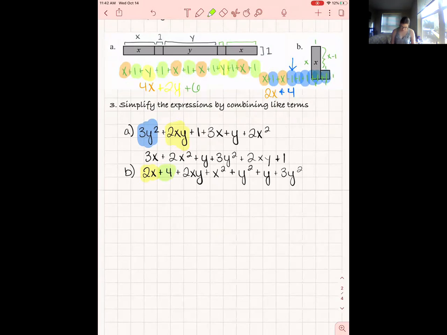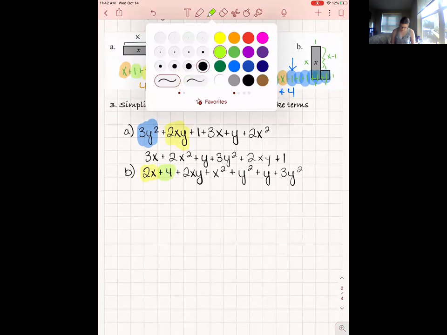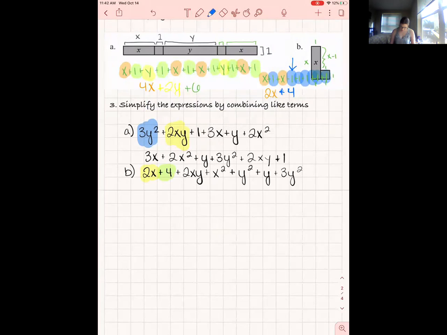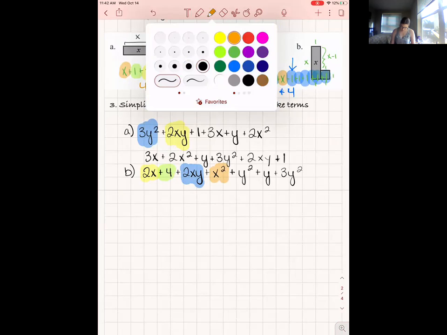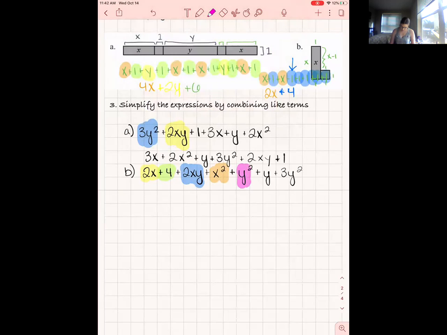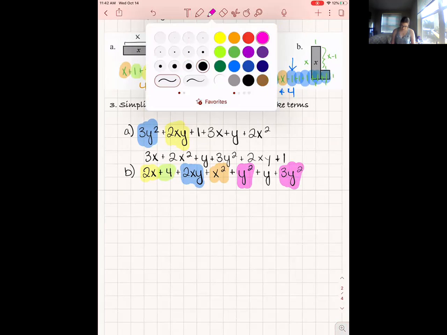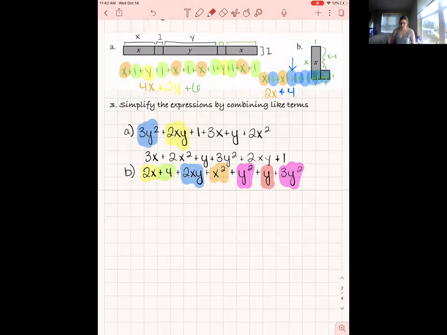So I'm going to move on. 2xy, I don't think I have any more of those, so I can move on. X squared, nope. Y squared, this is one where I have another, so I'm going to highlight that guy in pink. And so that just leaves, it looks like one more, and that's y.